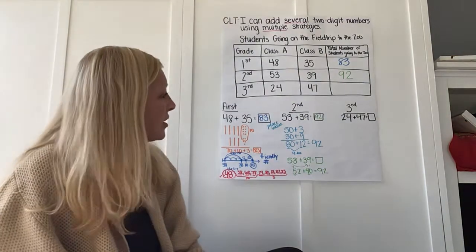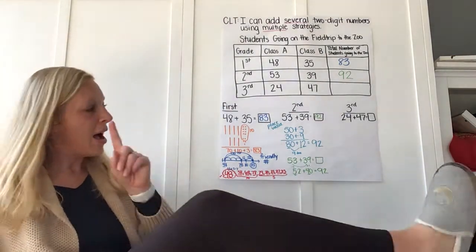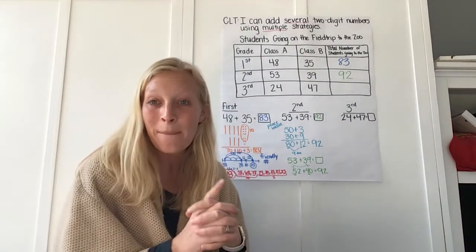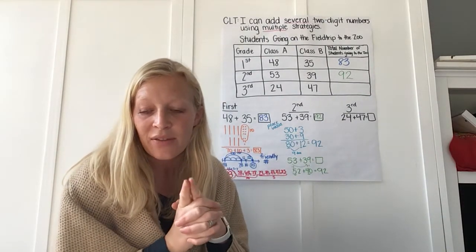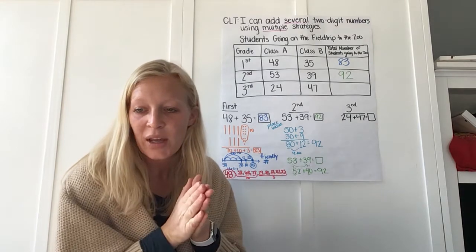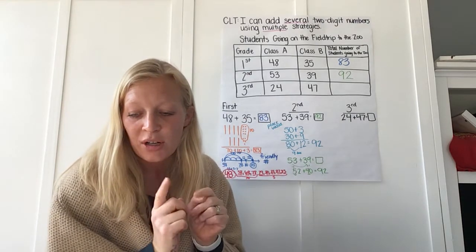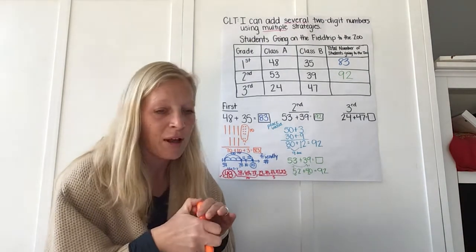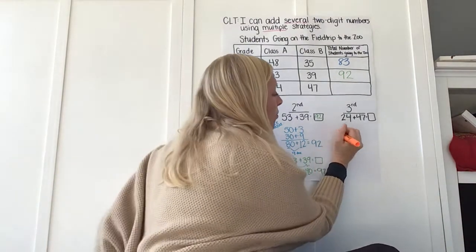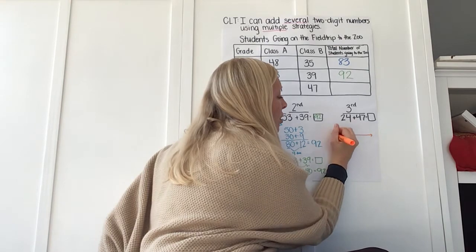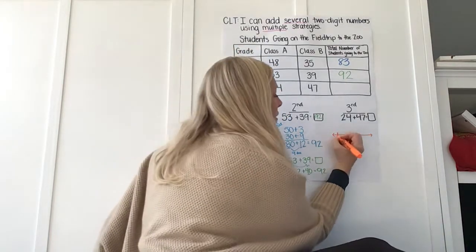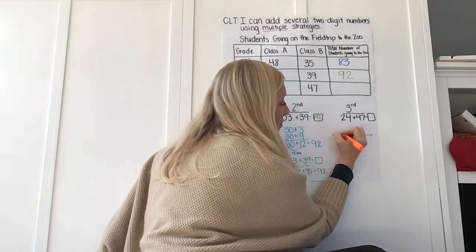All right, 2nd grade. I'm going to put up 2 pieces of work, and I want you to tell me what you think this friend did. So I'm going to show it. You're going to watch, and you're going to think, what did they do to solve this problem? Okay, so let me draw this up here. Make sure I do it right, okay, friend? All right, starting at 47.